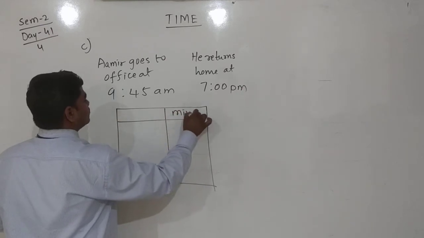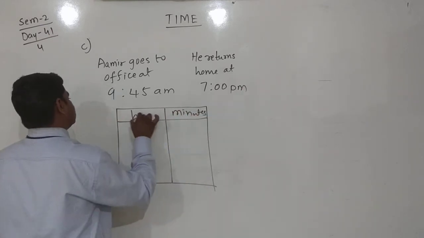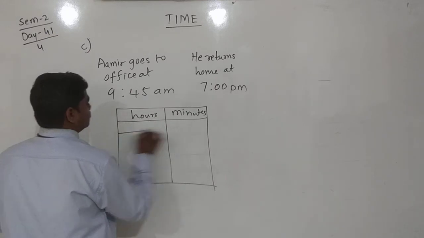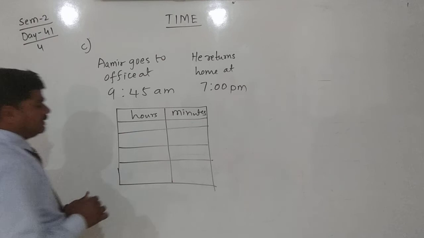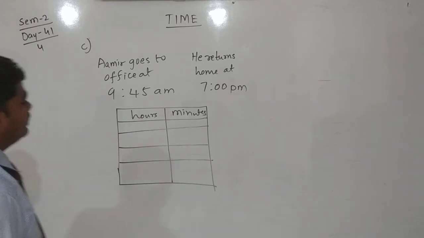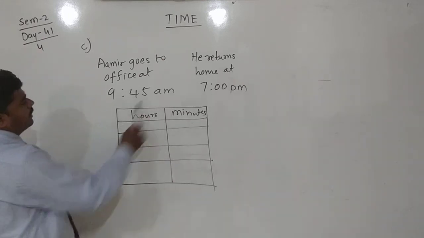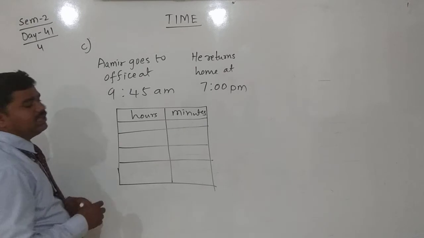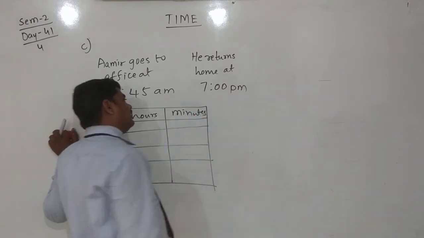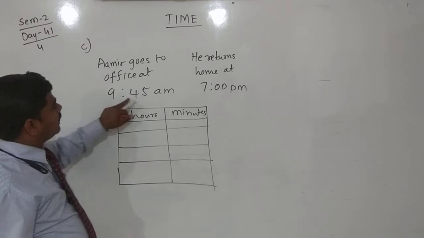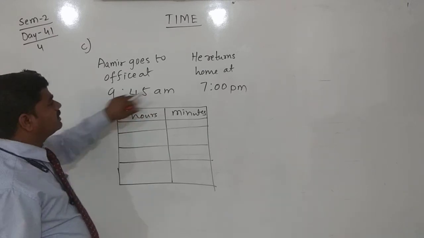Minutes, hours. First one, 9:45 a.m. he leaves home. Then he returns back at 7 p.m. Next, we can calculate this 7.